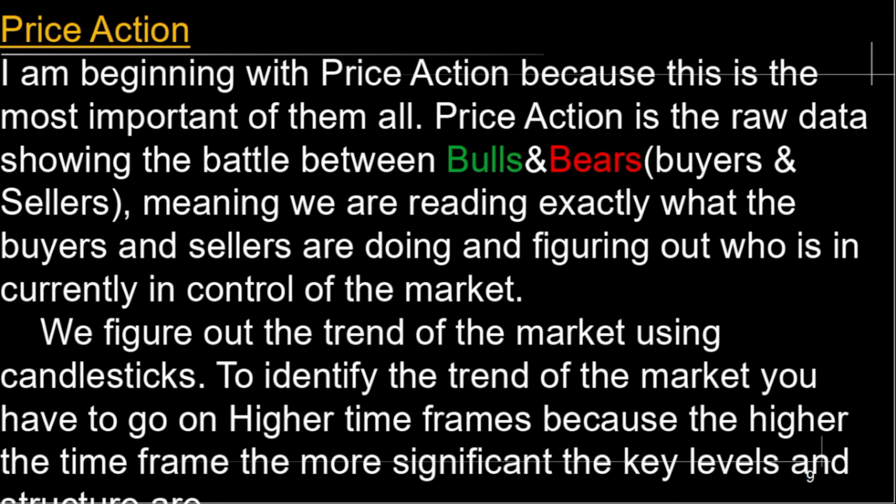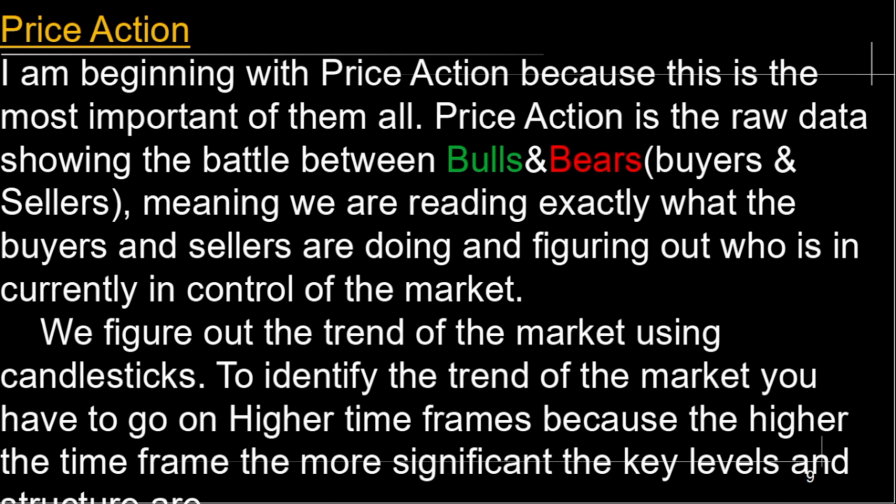We'll begin with price action. I am beginning with price action because this is the most important of them all. Price action is the raw data showing the battle between bulls and bears. For those that do not know what bulls and bears means, it's simply buyers and sellers. Bulls for buyers, bears for sellers. This is usually the language used in the financial markets.